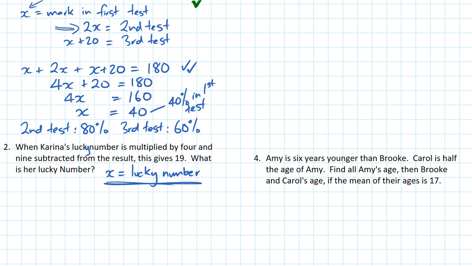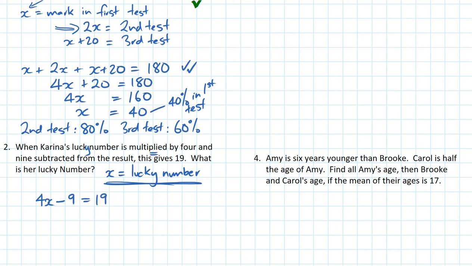So what do we know? We know that her lucky number is multiplied by 4, so that will give us 4X. This is the beginnings of our equation. 9 is subtracted from the result. So from 4X, I'm going to subtract 9. This gives means equals. This gives 19. So here is our equation.